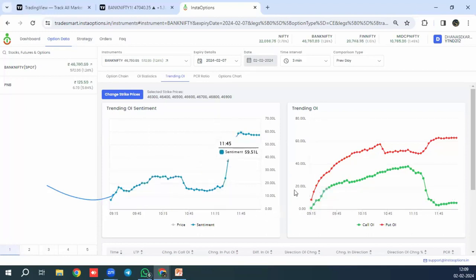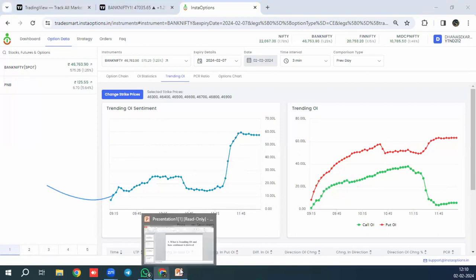The difference between these two has been derived here, and it is giving you a sentiment figure. So we can assume that if this is positive, the market might go up. It is not necessary that just because sentiment is positive, the market should shoot up. Accordingly, we can place any trades.